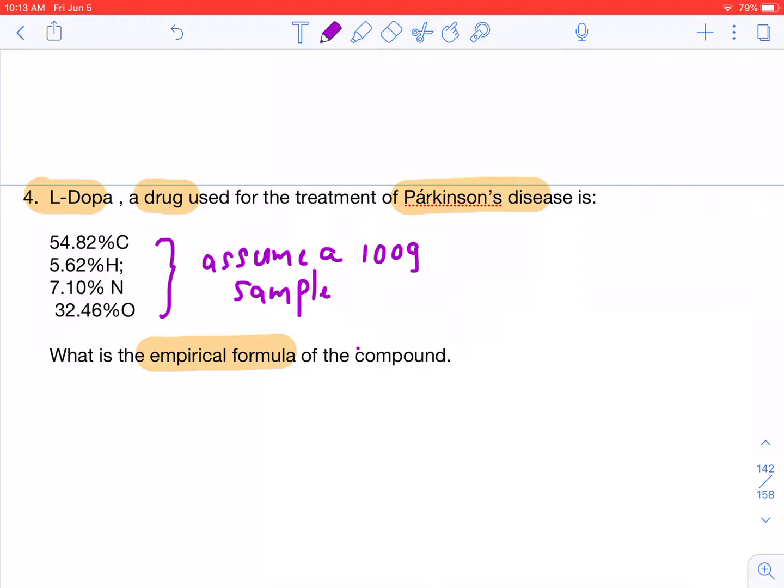If we assume a 100-gram sample, then we know that we got 54.82 grams of carbon, we got 5.62 grams of hydrogen, and we got 7.10 grams of nitrogen, and we got 32.46 grams of oxygen.